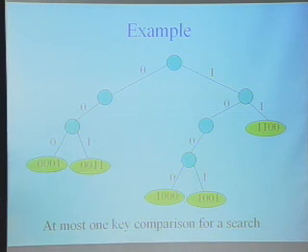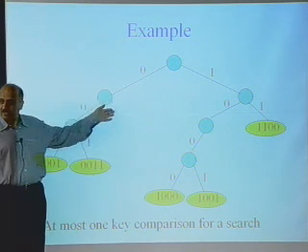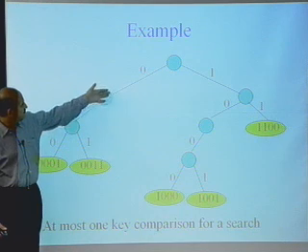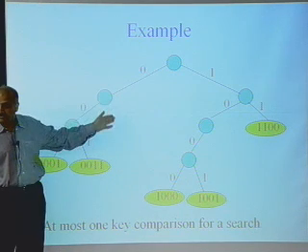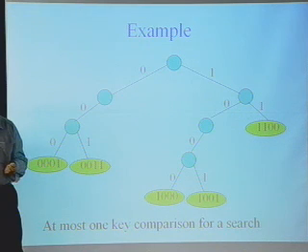So you follow a path dictated by the bits in your search key, and that path would either fall off the trie. For example, if you're looking for something that begins with 01, you'd fall off here, in which case no comparison is done.